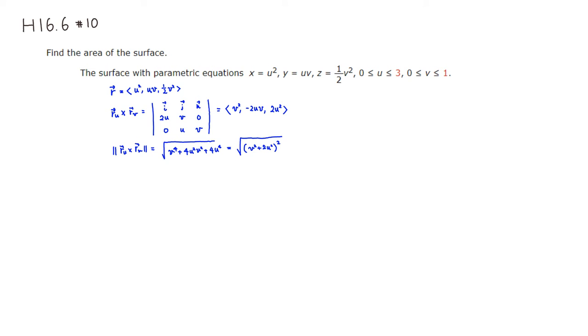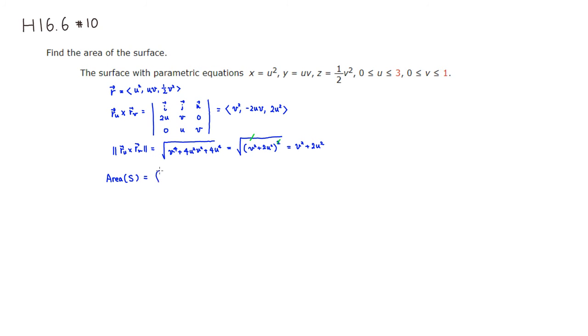So we can cancel the square root and the square there, and we end up getting v squared plus 2u squared. So all we have to do is take the double integral for the surface area of this surface, let's call it S.